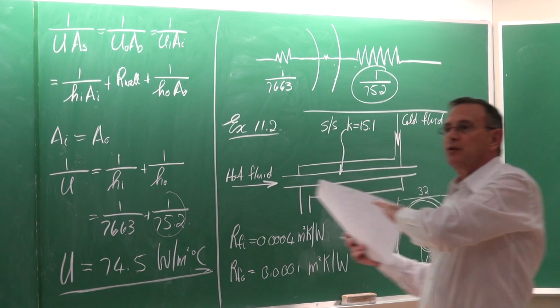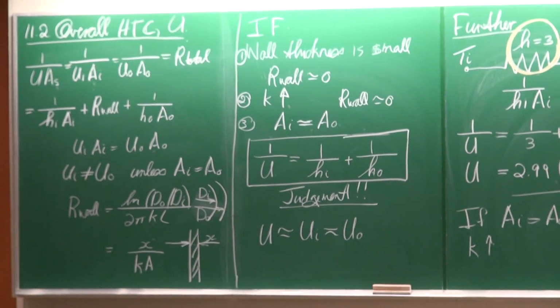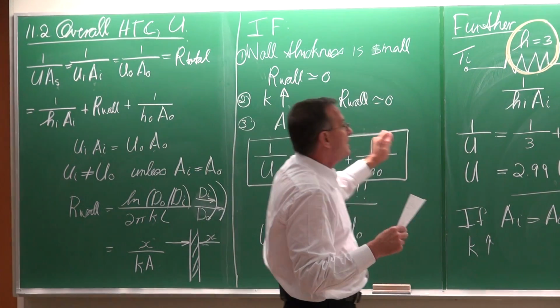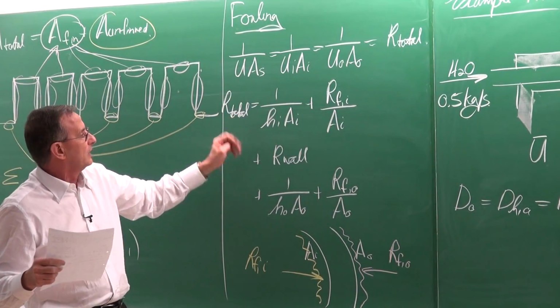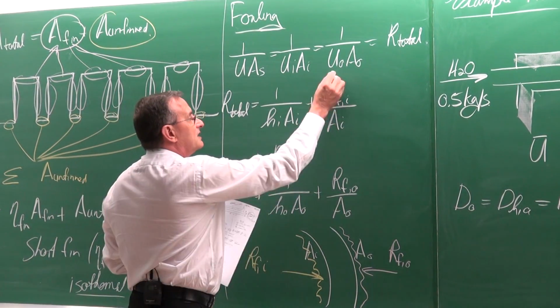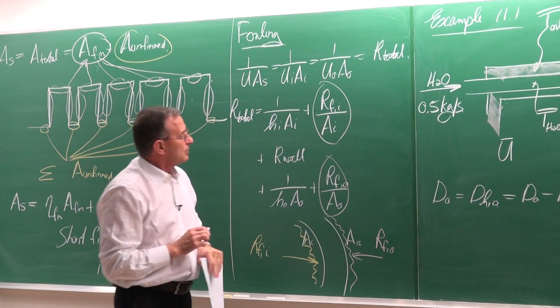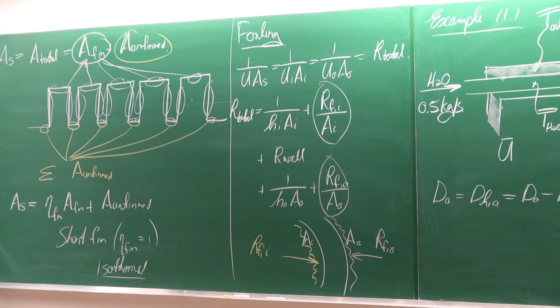Looking back at the first board that we started with, the total resistance is equal to the sum of the three resistance terms, and then here we've added the effect of the fouling. The fouling on the inside is just RFI divided by the area on the inside, and the outside fouling is RFO divided by the area on the outside.